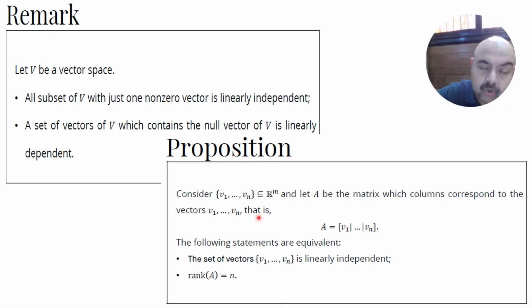Because once more, once you try to solve the homogeneous system of equations, you will end up dealing with an augmented matrix reaching the reduced echelon form, which is going to be a unit matrix with just only one solution. So those are equivalent to each other.